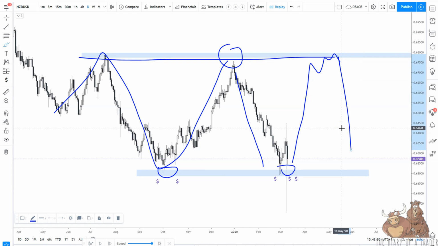That is not how it works, and this is the mistake that many people make. These zones are not all equal. They're not going to react in the same way. Just because price has moved off this level and it comes here again, it doesn't mean it's going to do that here again the third time.